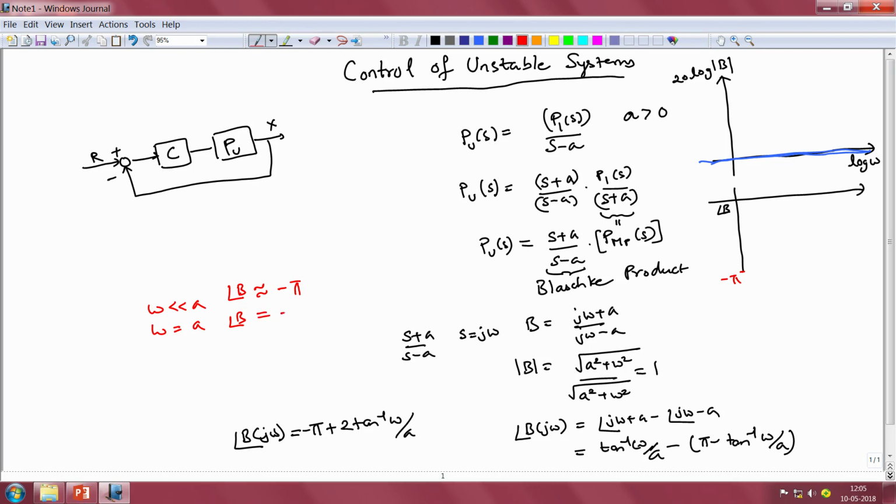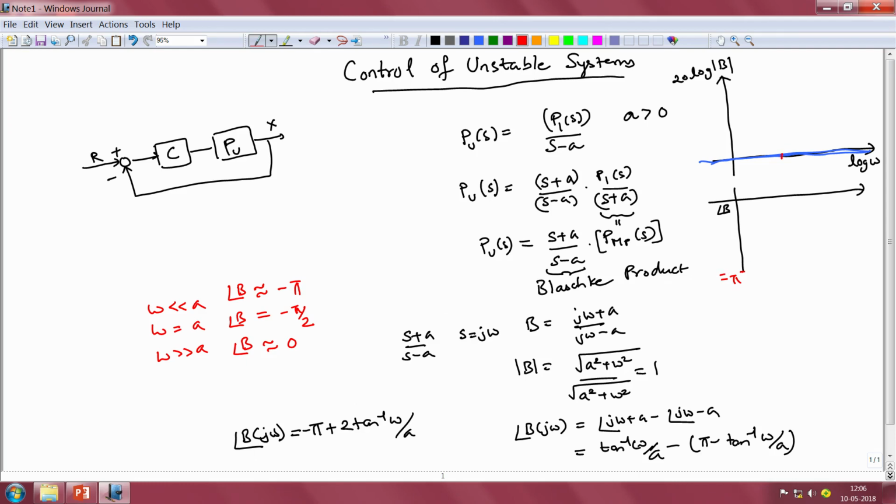So the angle of B will be equal to minus pi by 2, and when omega is much greater than a, we note that the term tan inverse omega by a will tend to pi by 2, and hence the overall phase of the Blaschke product will tend to 0. So the angle of the Blaschke product will be close to 0 for frequencies omega much greater than a.